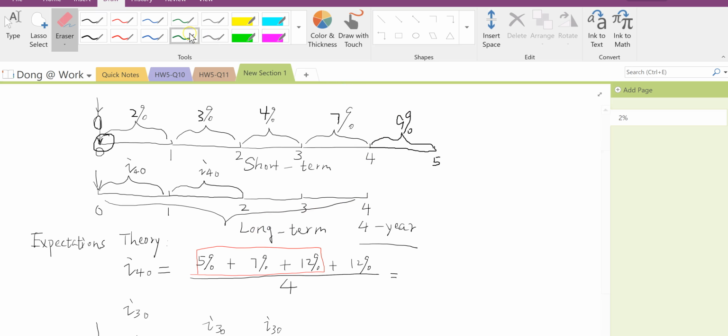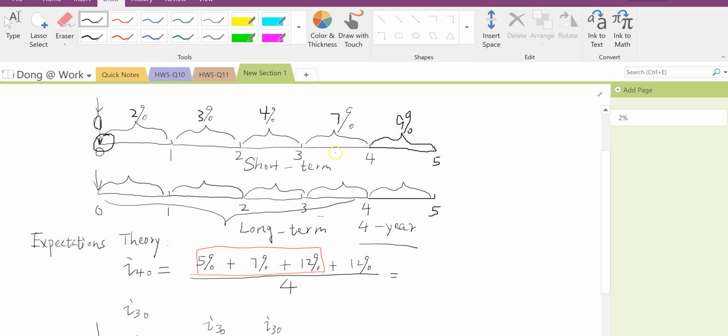Why don't I erase that? Okay, so let me just continue to add. So investors have 2 choices.